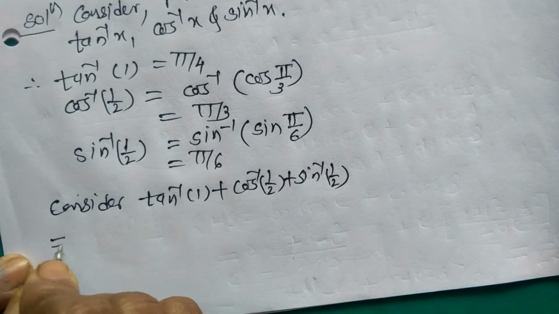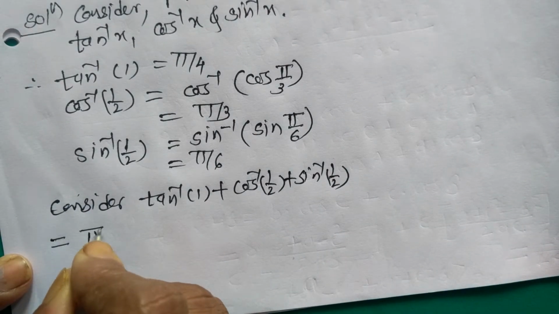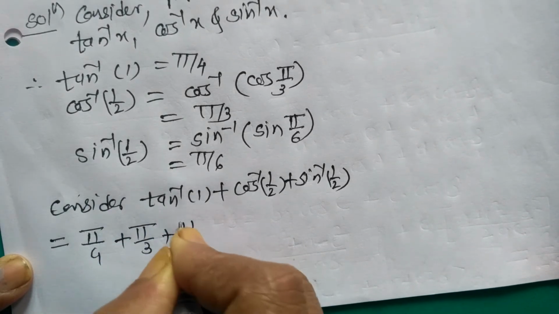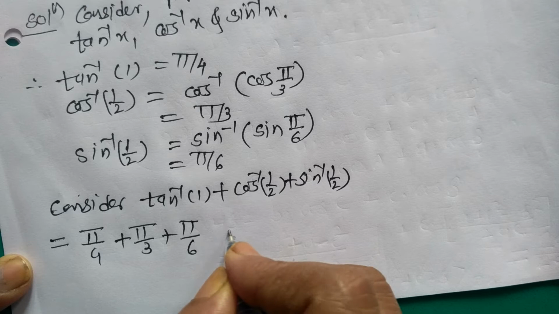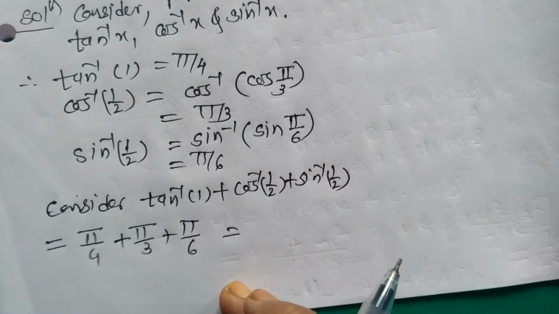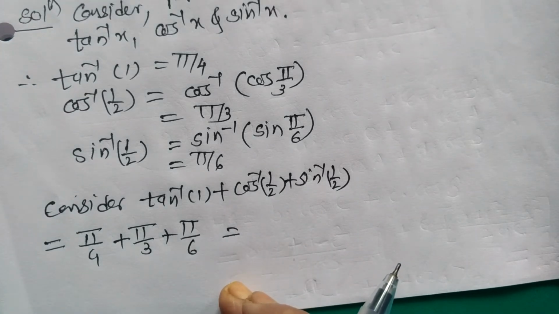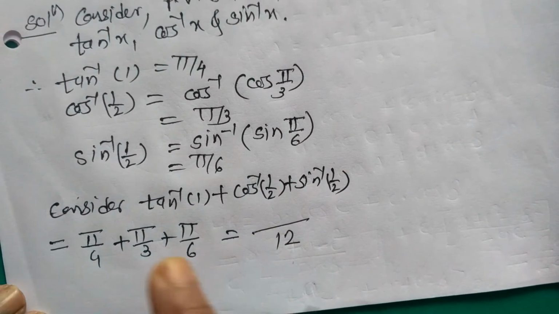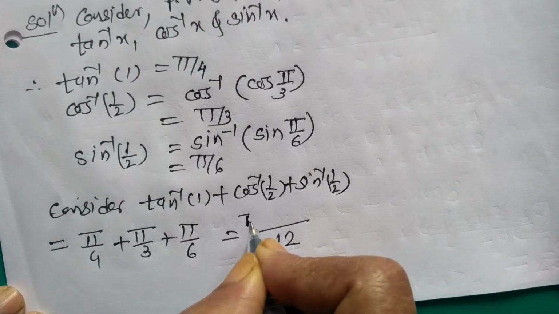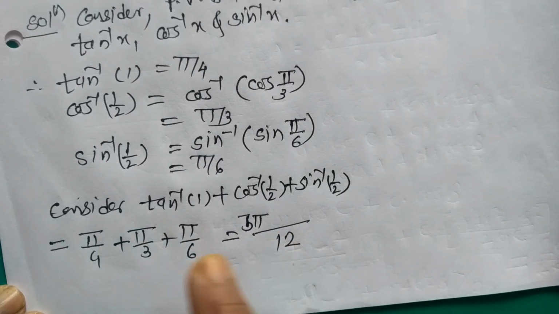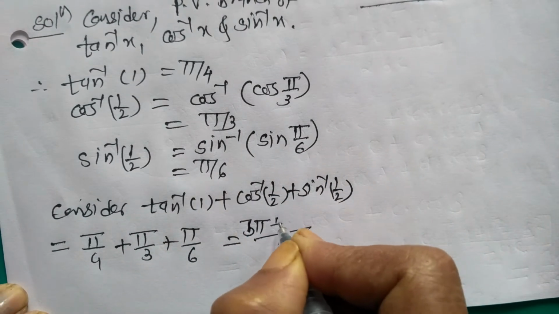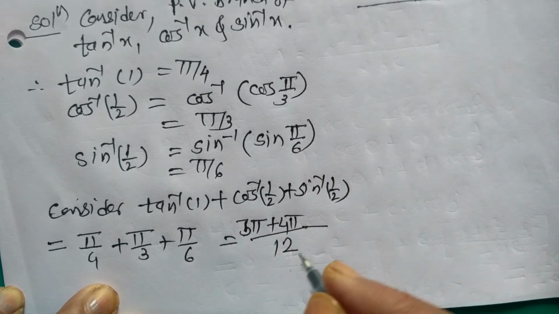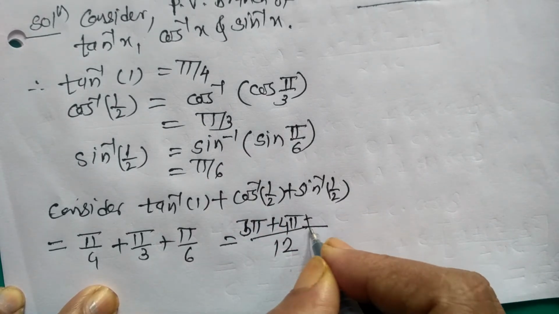The first value is pi by 4, the second value is pi by 3, the third value is pi by 6. Taking their LCM, which is 12: for 4, 3 fours are 12, so we take 3 pi; for 3, 4 threes are 12, so we take 4 pi; and for 6, 2 sixes are 12, so we take 2 pi.